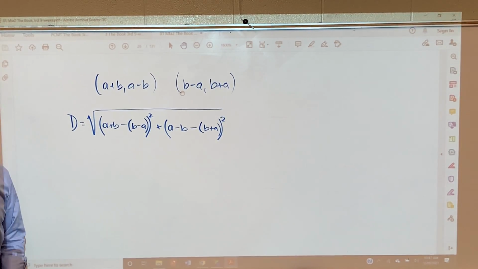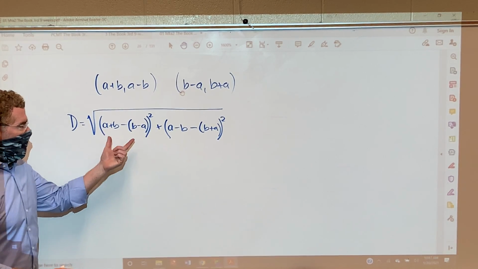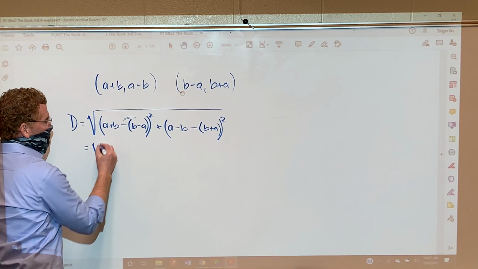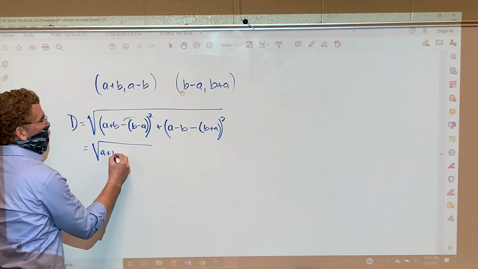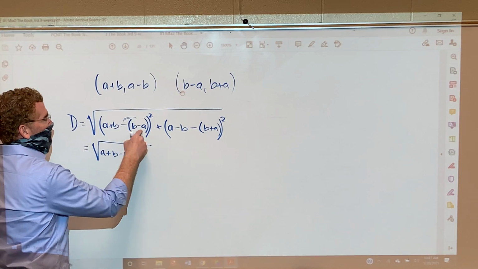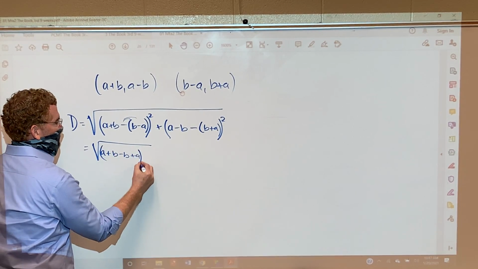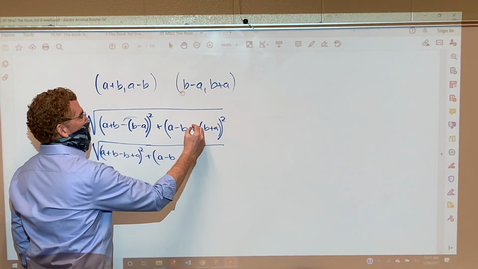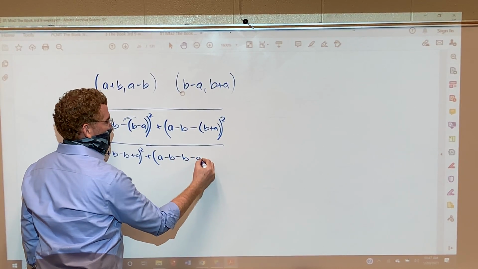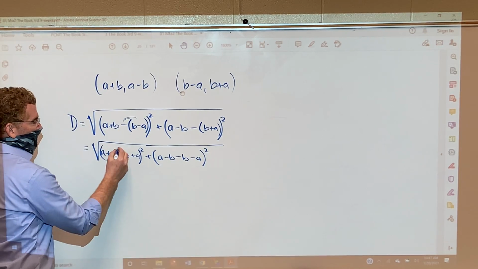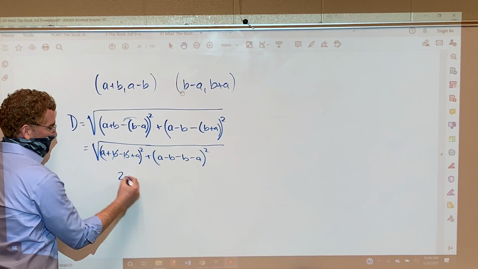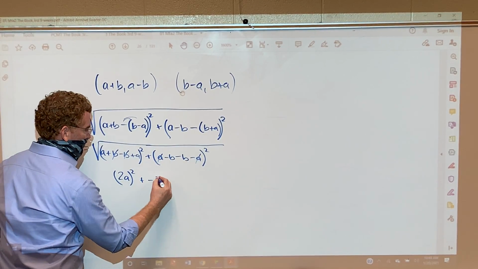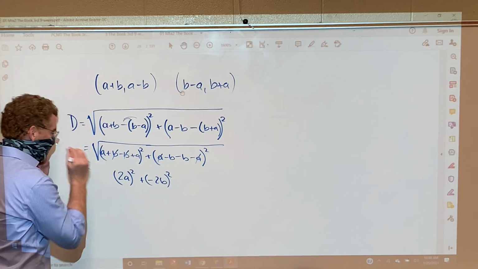Doesn't matter the order. And if I switch up the order, you'll see right here. When I distribute that, if I do it this way, I end up getting A plus B minus B, positive A, quantity squared. And here I get A minus B minus B minus A, quantity squared. And when I clean this up, I get 2A squared, negative 2B squared.